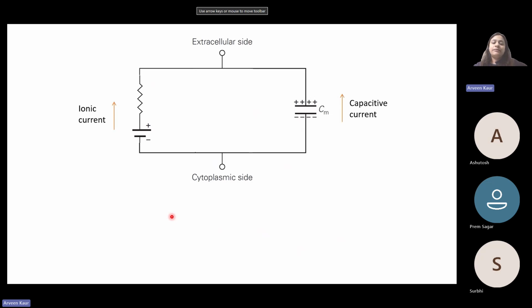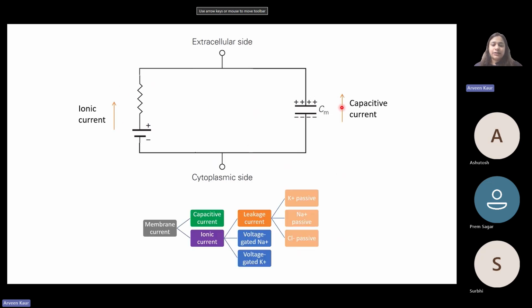Then we again come to understanding this equivalent circuit, wherein there is an ionic current and a capacitive current. When any recording is done for these cell membranes, the membrane current can be divided into either capacitive or ionic current.